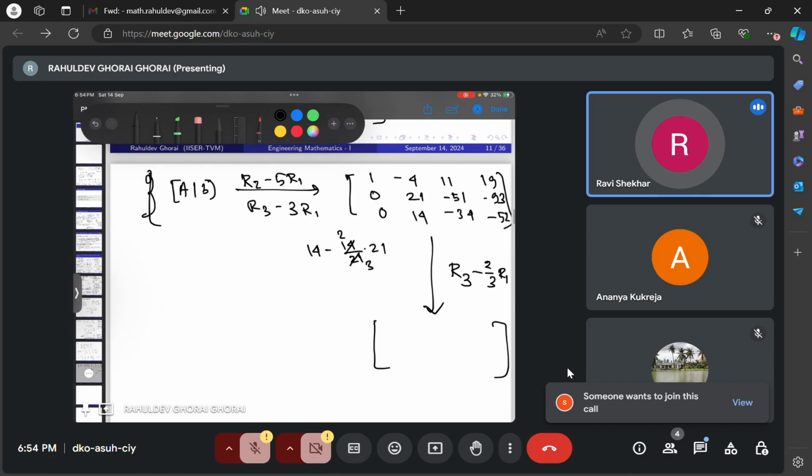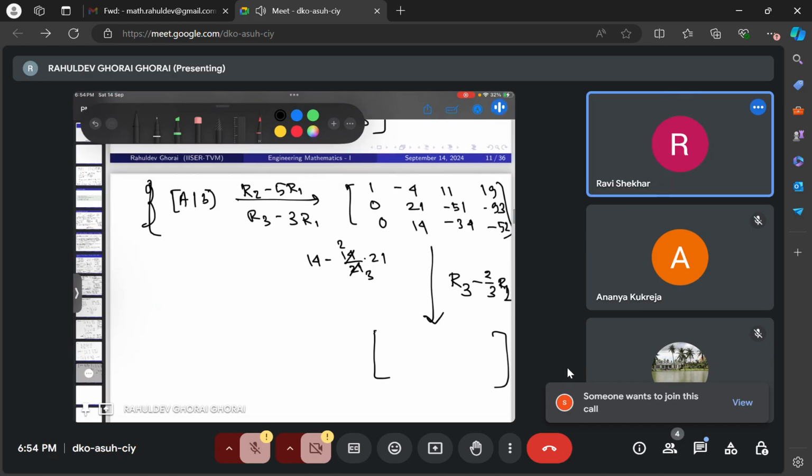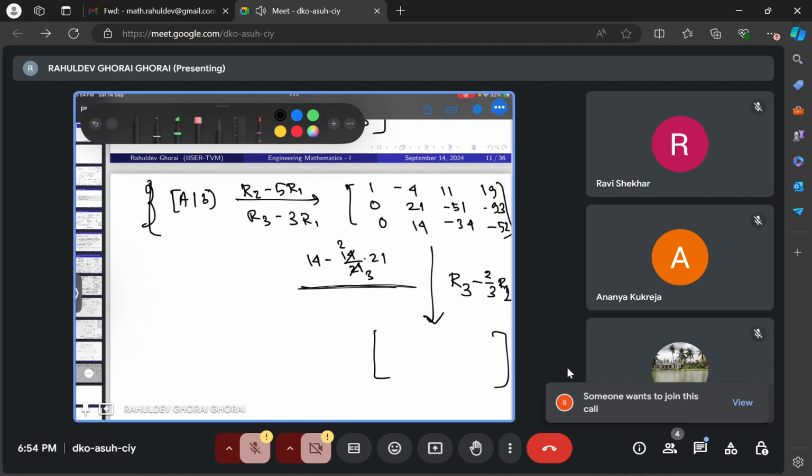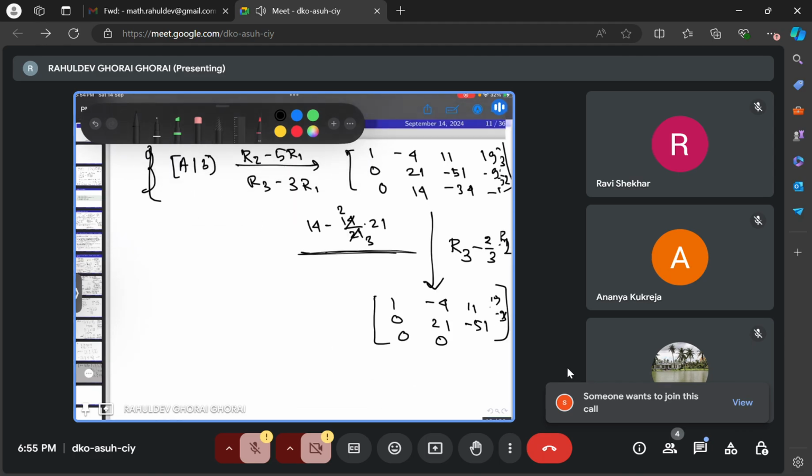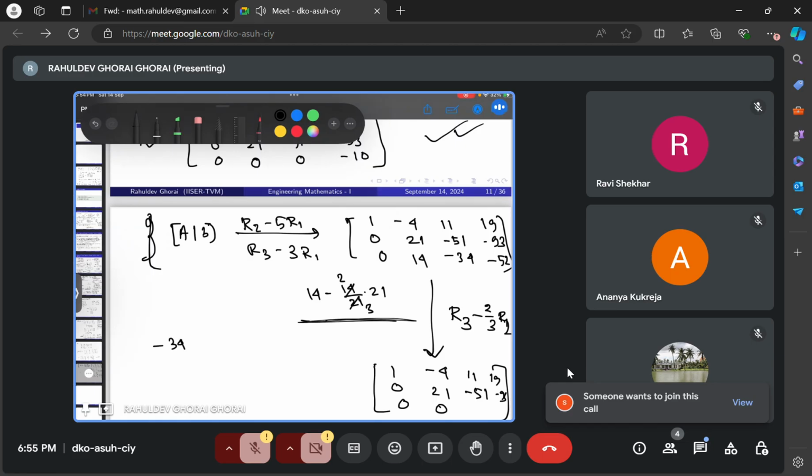That's what I did here, 14 minus this one. So it will be 1, minus 4, 11, 19, then 0, 21, minus 51, minus 93, then 0, 0, and then minus 34 plus 2 by 3 times 51, so 3 times 17, so that will be 0.